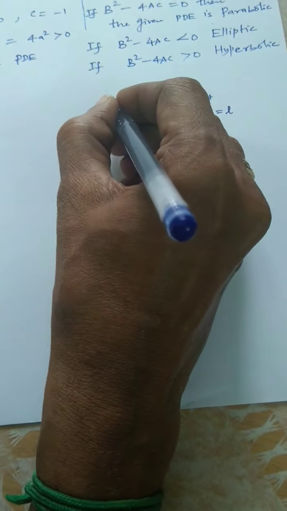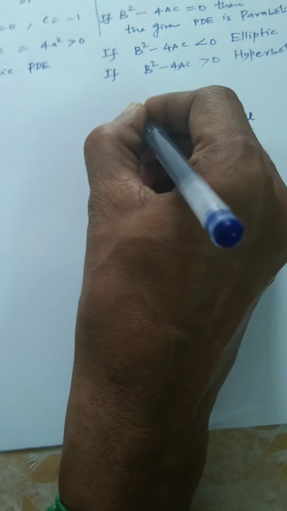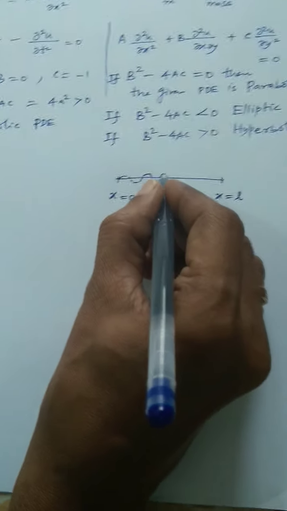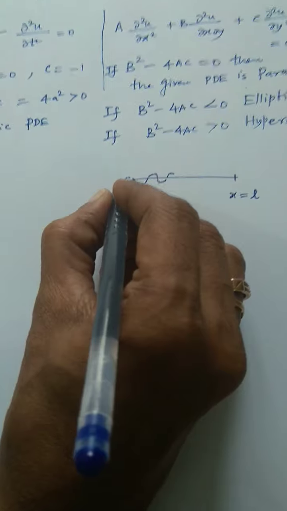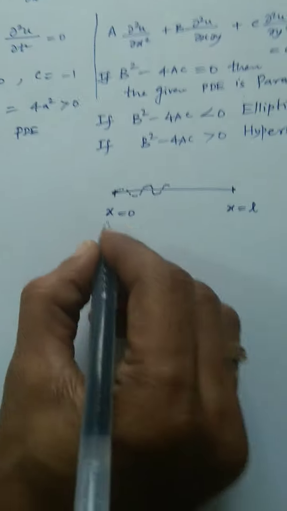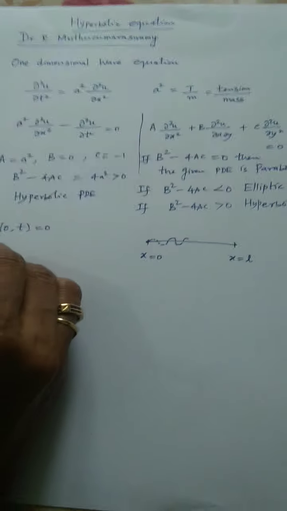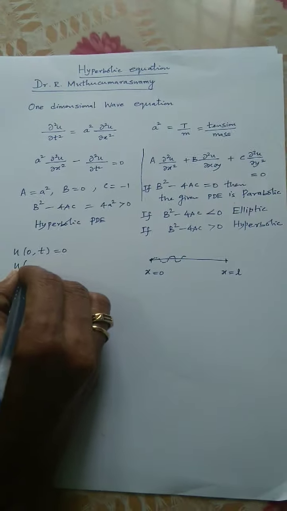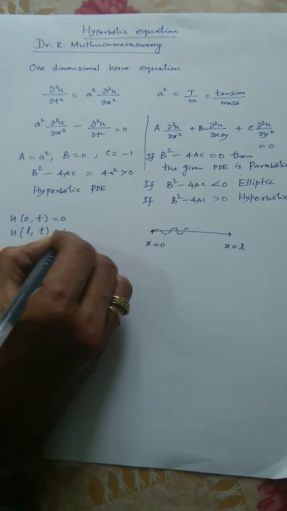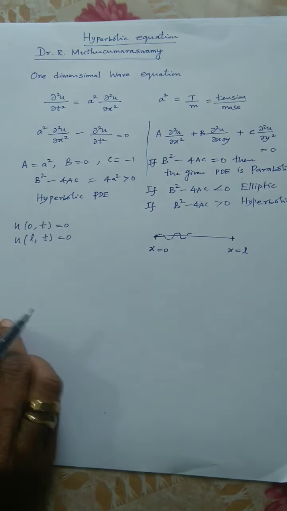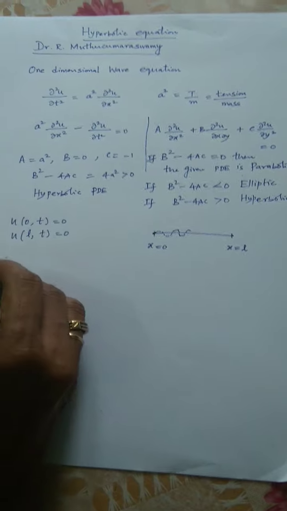We give some force to set it vibrating; in most cases the vibrations are sinusoidal. Of course u is a function of x and t, and initially both the ends are at rest.